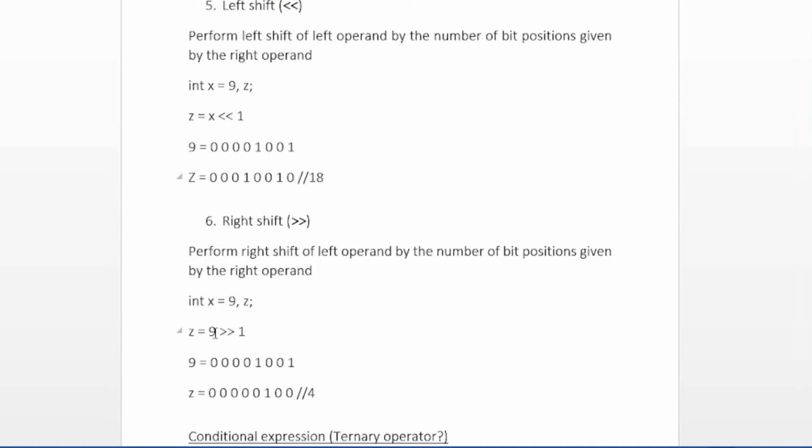So here this is my x, right shifted by 1, so the bits will be shifted towards the right by 1. This is here 0 0 0 0 0 1 0 0. So what I get is 4. Basically the variable's value has been divided by 2.